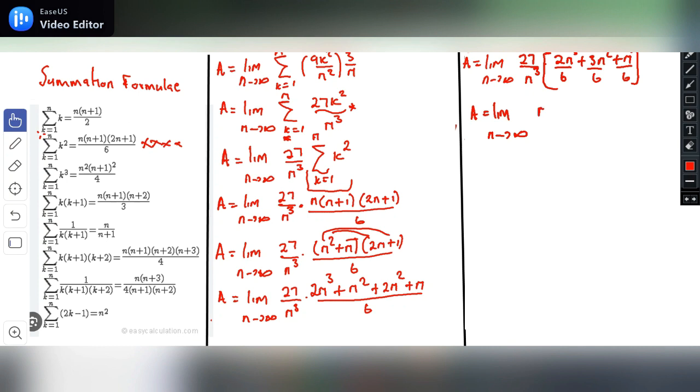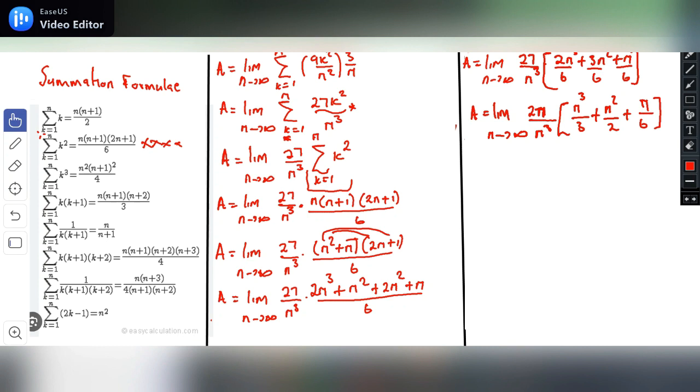It means we're going to have 27 all over n cubed, then n cubed over 3, plus 3 over 6, which is 1 over 2, n squared all over 2, plus n over 6, right?